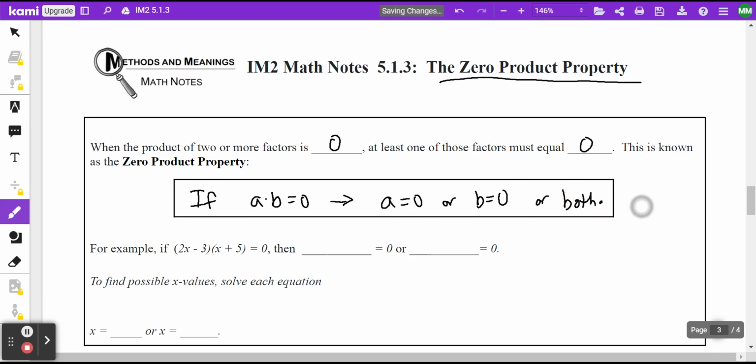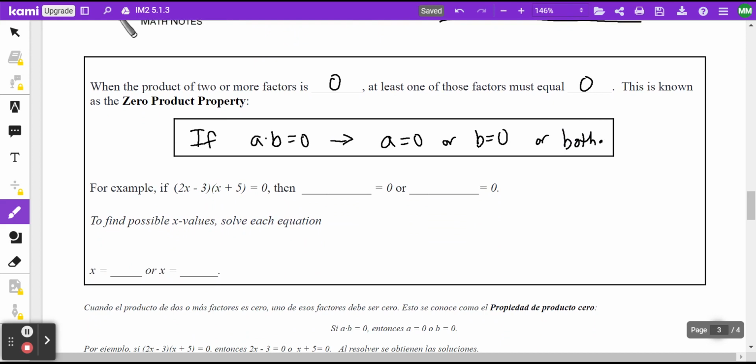So for example, suppose we have 2x minus 3 times x plus 5 equals 0. Well then, 2x minus 3 equals 0, or x plus 5 equals 0, or both. And to find the possible x values, we solve each equation.